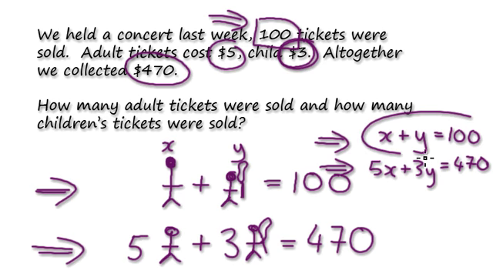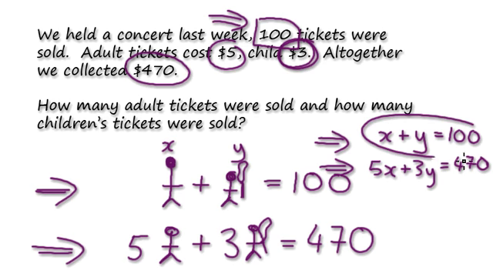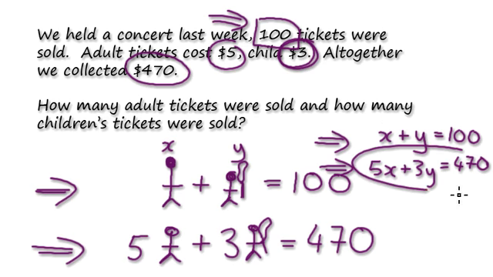You've got to satisfy this, because the number of tickets is 100, and you've got to satisfy this because we collected $470. An adult ticket will cost $5, a child's ticket will cost $3. So you've got to satisfy both of these equations.